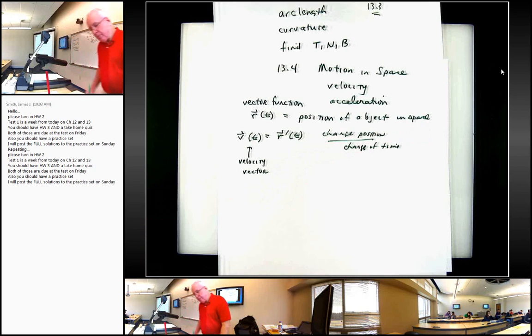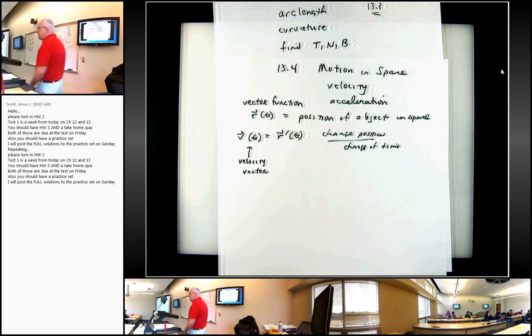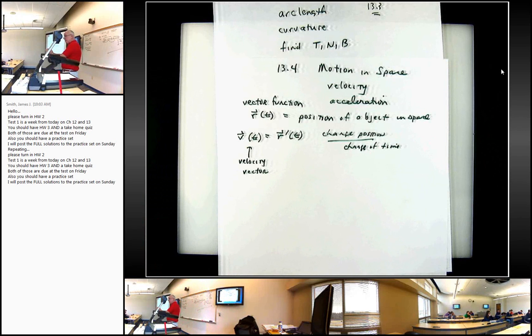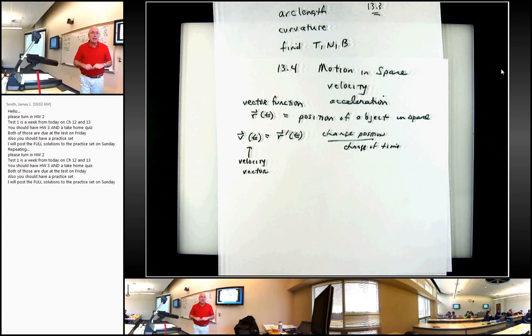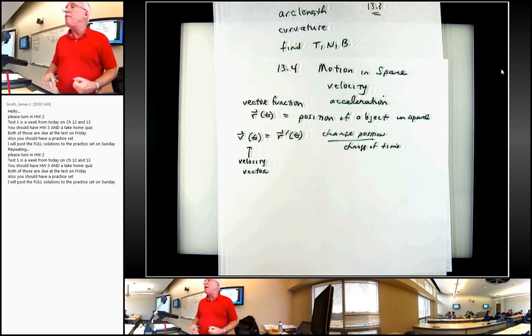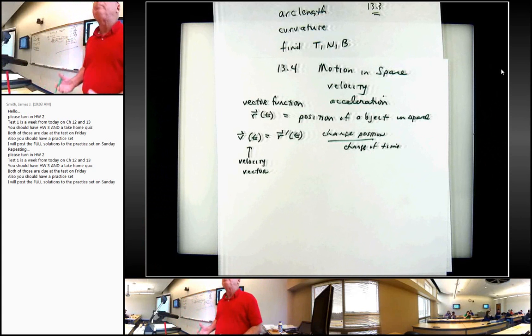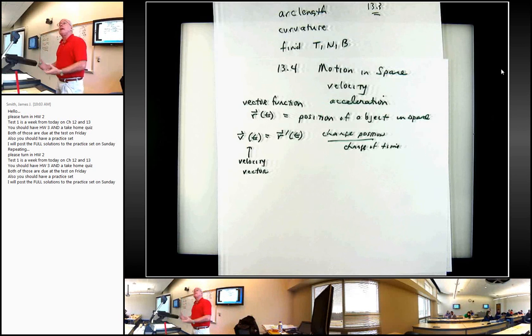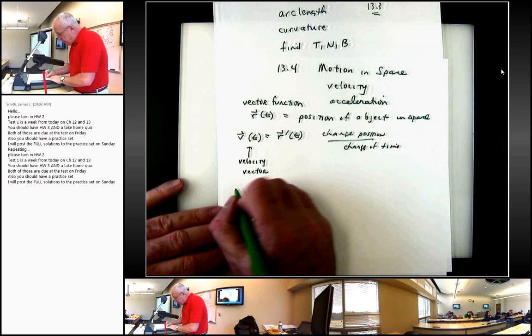All right. Now, velocity is a vector, so it has magnitude and it has direction. But there's a part of velocity that we commonly talk about. We talk about how fast you're going, your speed. Speed is a number, it's a scalar. So speed is the magnitude of the velocity vector.